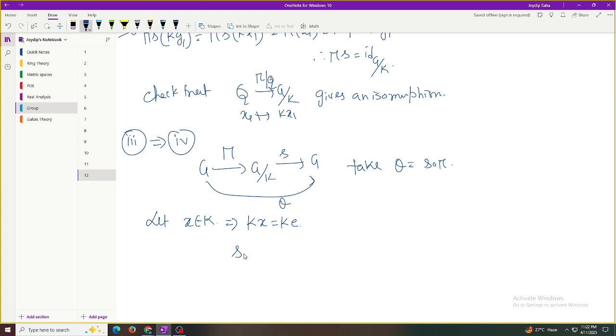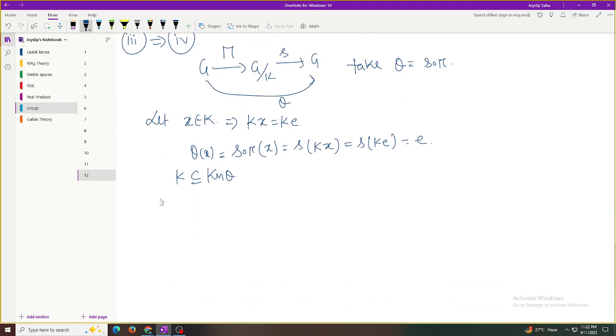Now S compose pi of x equals S of Kx, equals S of K identity, equals identity. So K is a subset of kernel theta.